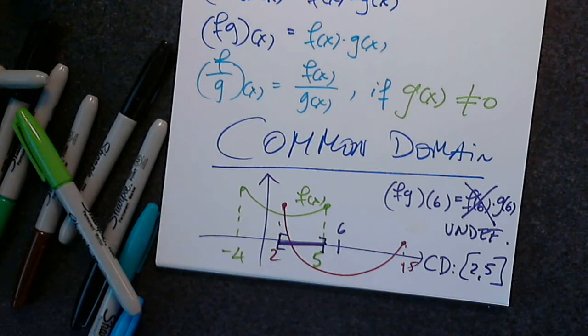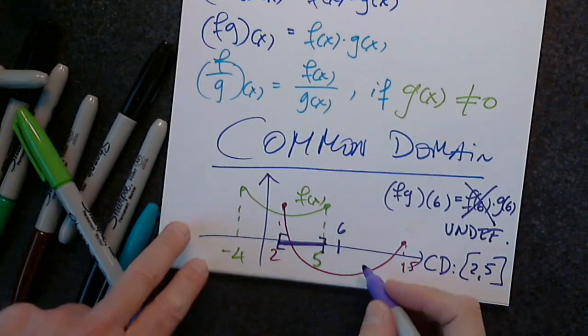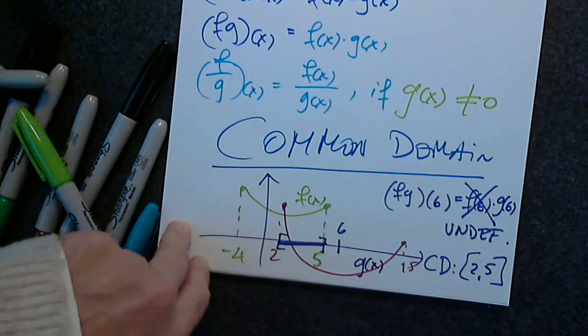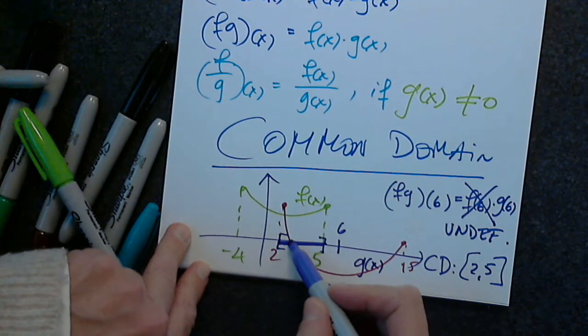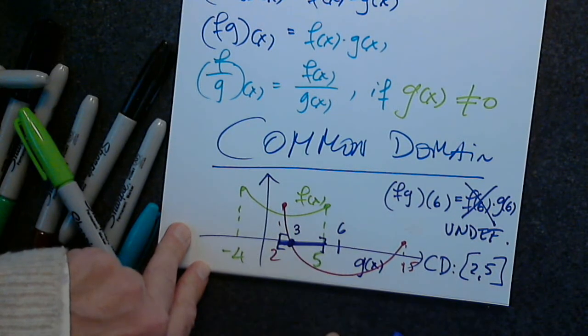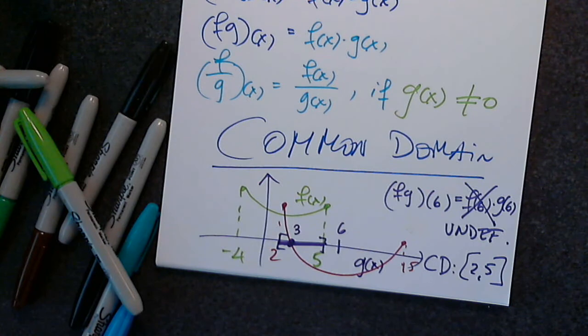Also, there is a problem with the ratio because f over g, see, g, I didn't write it. That's why it wasn't clear. I'm sorry, this is g of x. So g is 0 here, let's say at 3. So I will be able to determine the sum, difference, product on the interval 2, 5, which is the common domain.